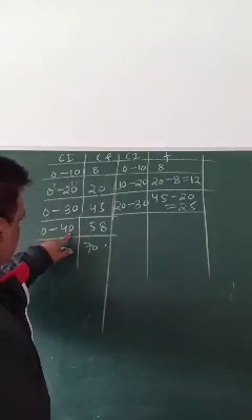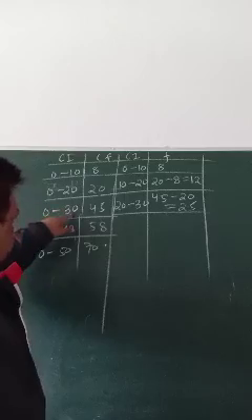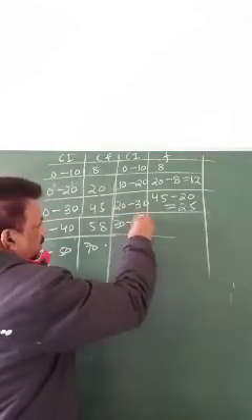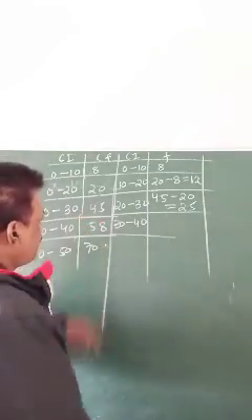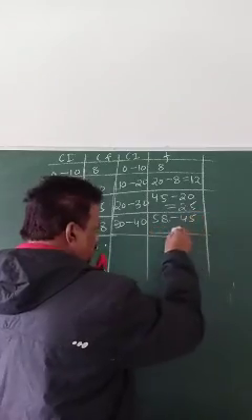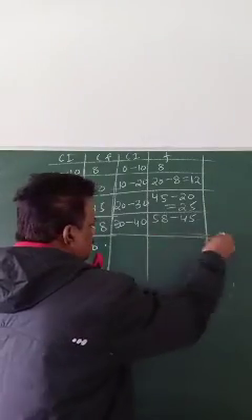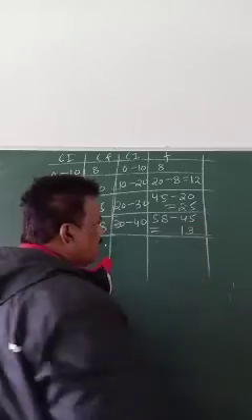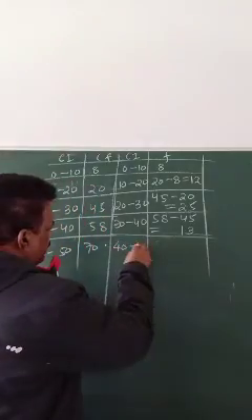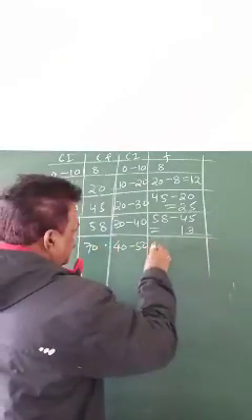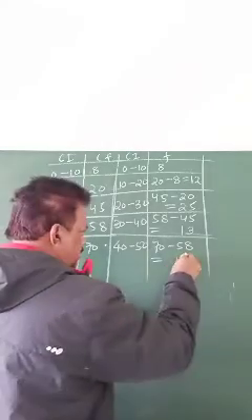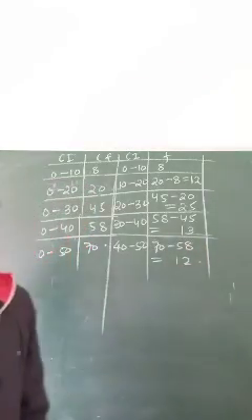So if you remove 0 to 30, then you will get 30 to 40. 30 to 40 will be 58 minus 45, which is 13. Similarly, 40 to 50 is 70 minus 58, that is 12. Okay.